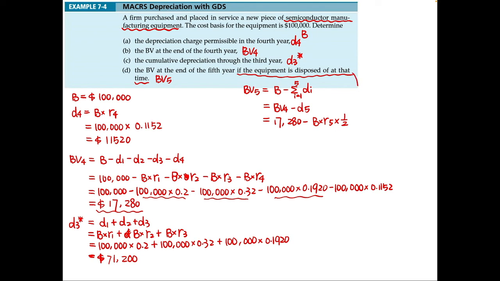Okay. This is why you want to make it half. So it's 17,280 minus 100,000 times 0.1152, which is the R5 in the table, but you can only use half of it because of the half-year convention. Okay, so that will give you 11,520.